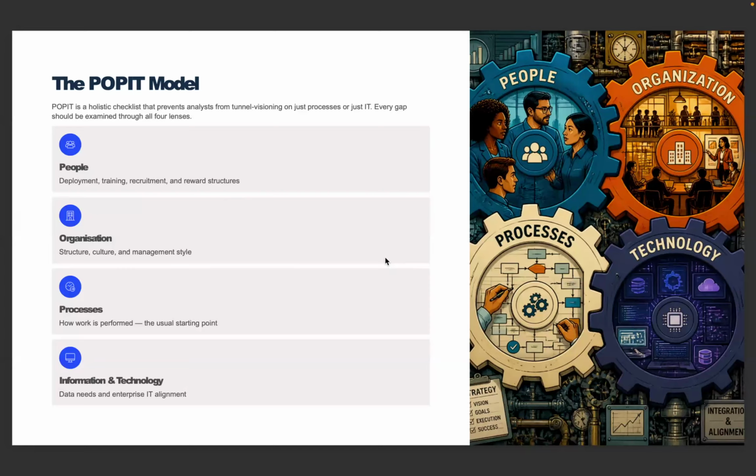And in that area whereby we're looking at the people, we'll have to understand and know, do these people have the right skills? Because not having the right skills could also be a problem. And then also you have to understand, do they need training? Are their roles being clearly understood?